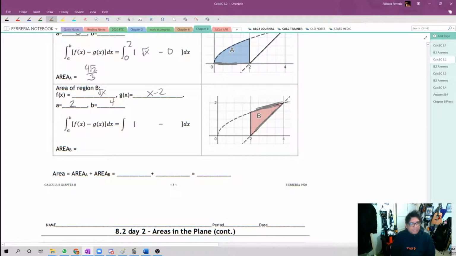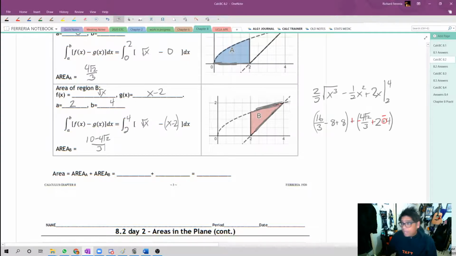So this becomes the integral from 2 to 4 of root x minus 2. Keep those parentheses there because that's going to affect your answer algebraically. Integrating that entire lot together, you get 10 minus 4 root 2 over 3.